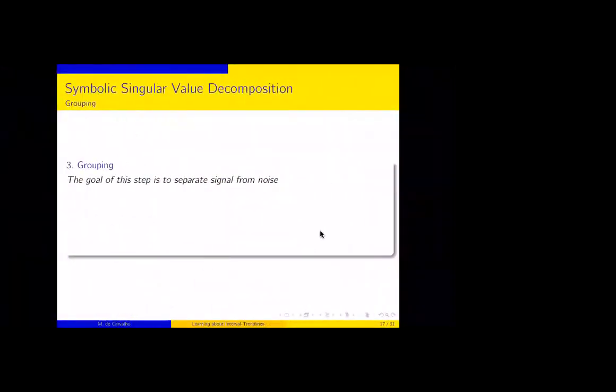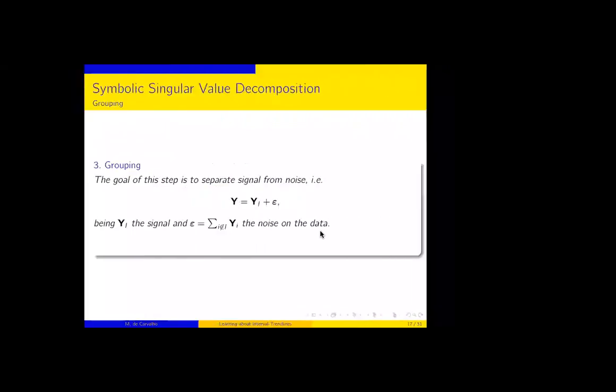Okay. With step number 2, we get a decomposition, but we're in a space of matrices. And what we want in the end is a time series. So we have first to understand what is signal and what is noise. And that's what we do at the grouping stage. So at this stage, we aim to separate signal from noise.